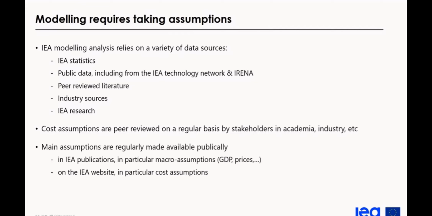At the IEA, all our main assumptions are made publicly available and transparent on our website and in our publications. And what ensures the robustness and the seriousness of our work is that each and every report is peer reviewed by many experts from different sectors, sources, and regions.